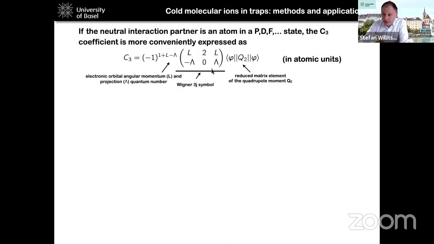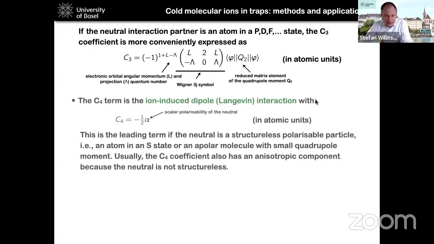If the counterpart is an atom in a P, D, F or higher angular momentum state, then one can calculate the C3 term from spherical tensor algebra and arrives at an expression like this. And one sees here that one has a Wigner 3j symbol in this expression and the reduced matrix element of the quadrupole moment tensor. Okay, so with this you can calculate these multipole coefficients C2 and C3.